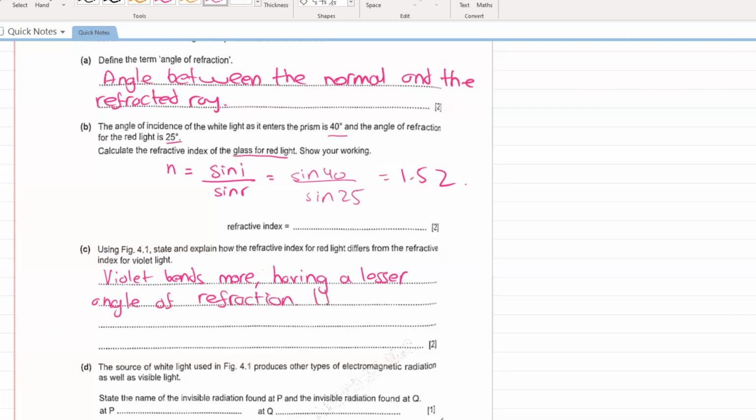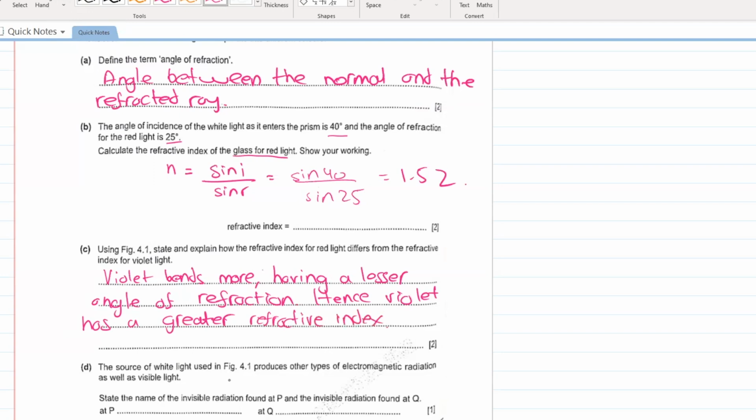Hence, violet has a greater refractive index. Simple, nothing complicated. I hope you guys are getting things.